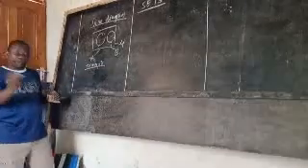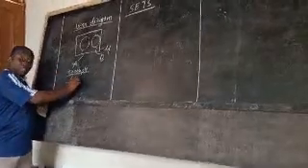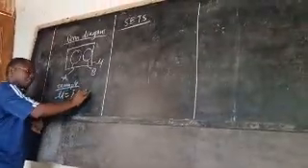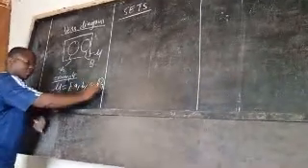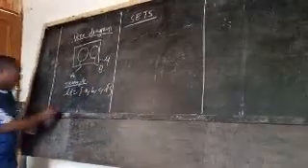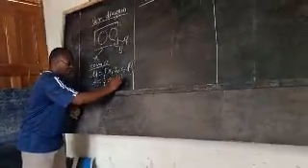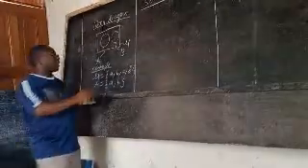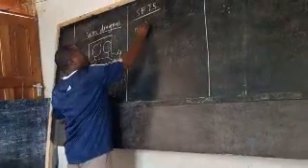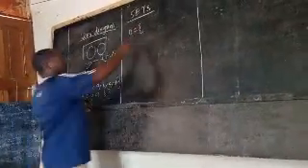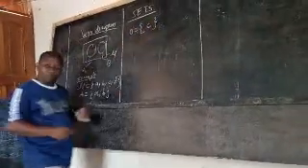Maybe you have a universal set which contains elements A, B, C, and D. Then you have set A which has elements A, B. And then you have another set, set B, which has element C only.